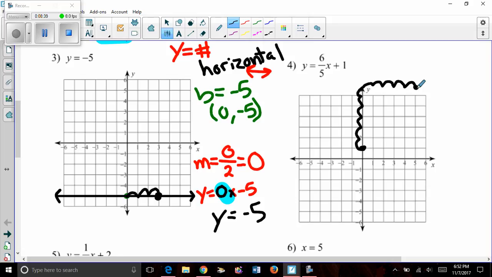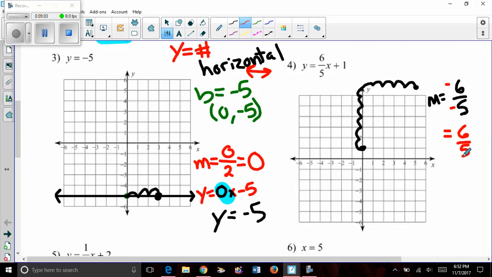One of the things I want you to notice about slope, we don't have to use just 6 over 5. We could use -6 over -5. That is because when we have a negative on top of our fraction and a negative on the bottom, they cancel each other out, leaving me with just 6 over 5.